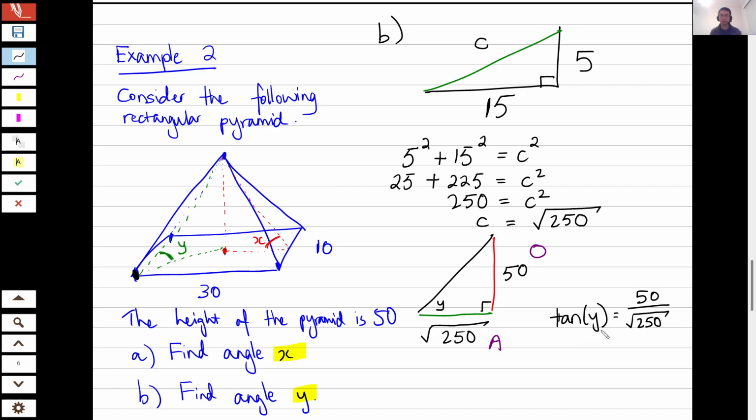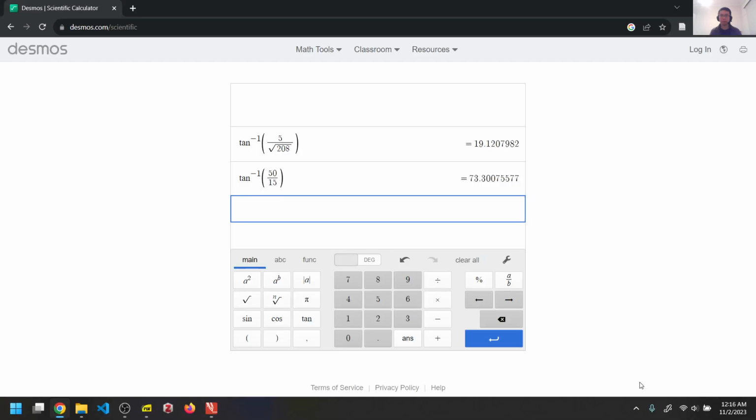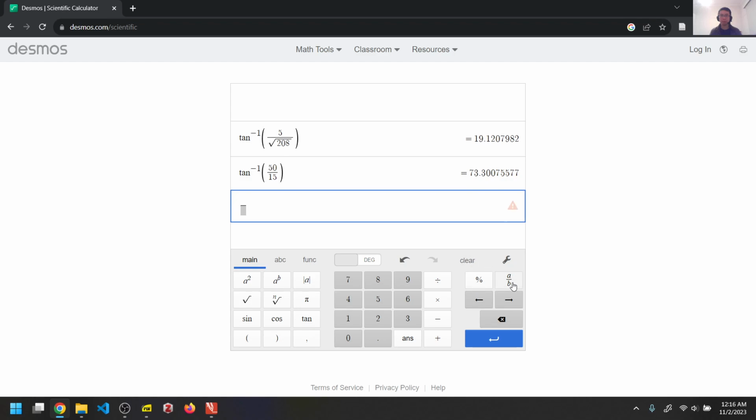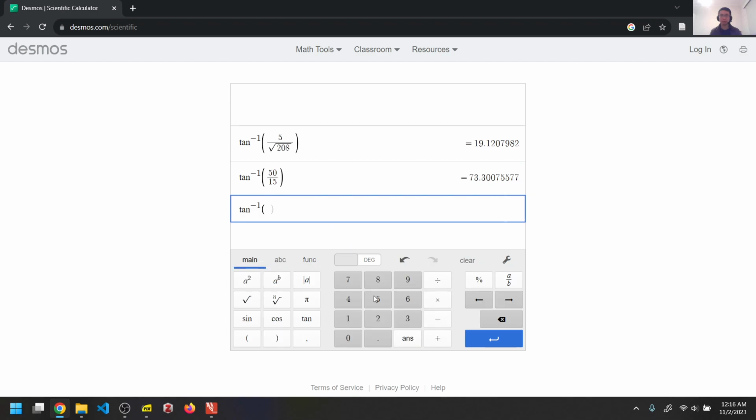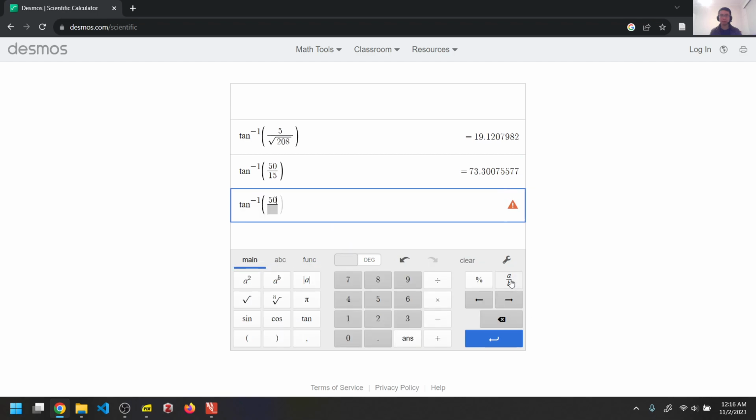Okay, so tan of y equals some number. So that means y equals the inverse tan of that number, which in our case is 50 divided by root 250. And if we go back to our scientific calculator, we know it's going to be inverse tan of 50 divided by the square root of 250.